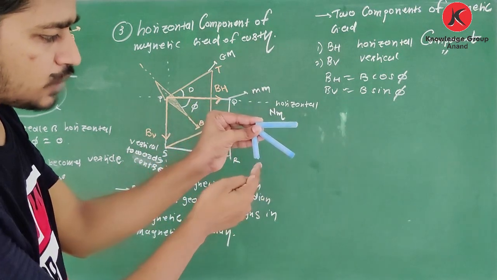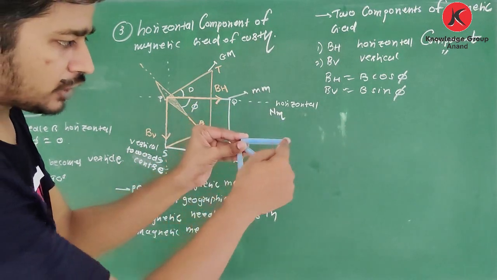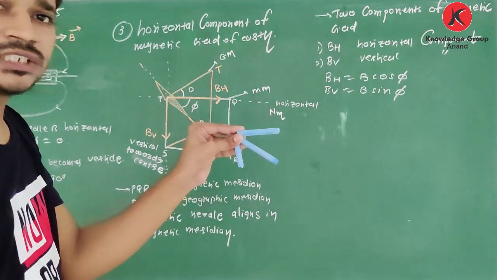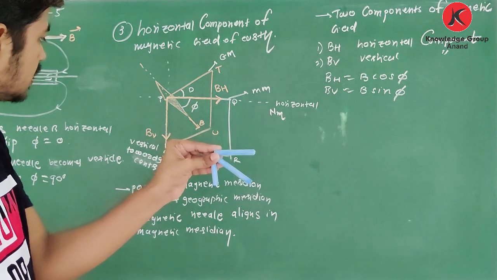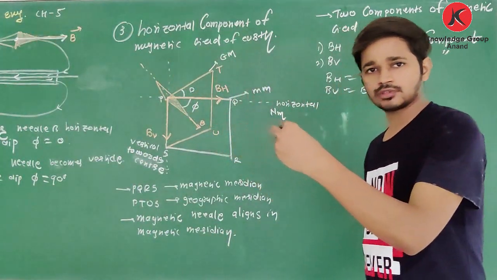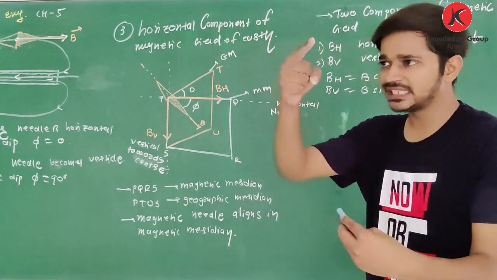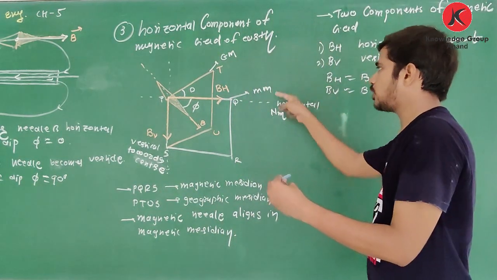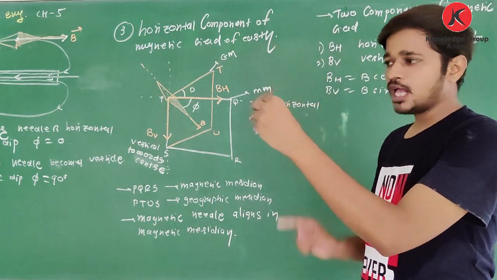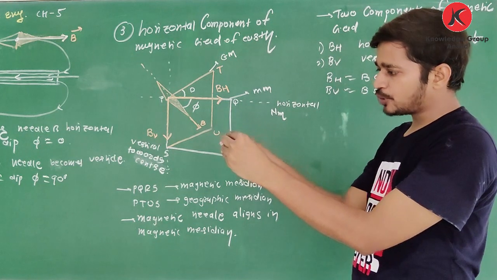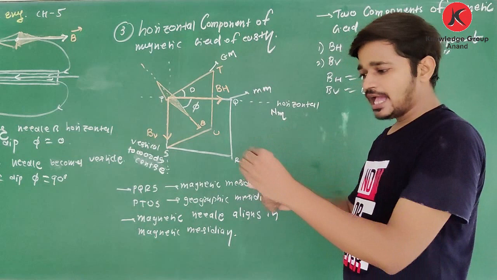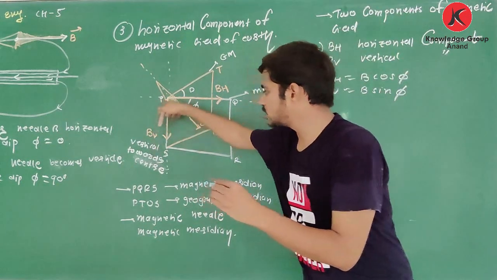It is the horizontal component and it is the vertical component. This horizontal component is towards magnetic north. This vertical component is towards the center. Okay, now this situation is actually like this. Because this is the north direction and this is the south direction, the magnetic field is along south pole to north pole. So the horizontal component of Earth's magnetic field is always towards magnetic north, and the vertical component is always towards the center.